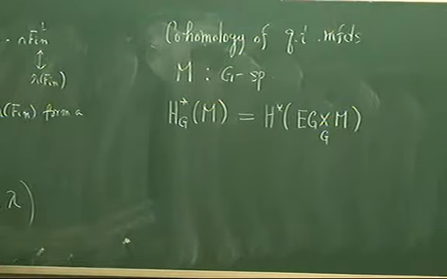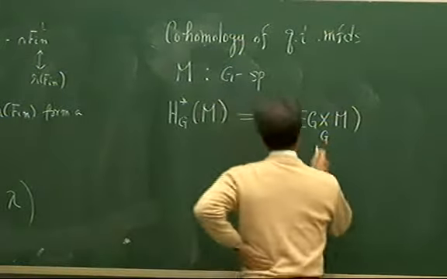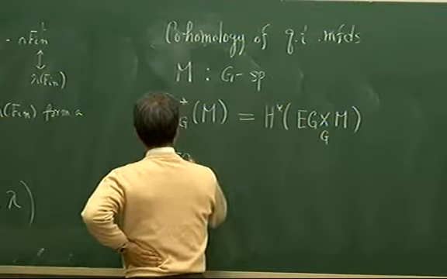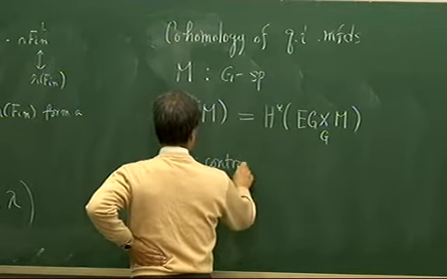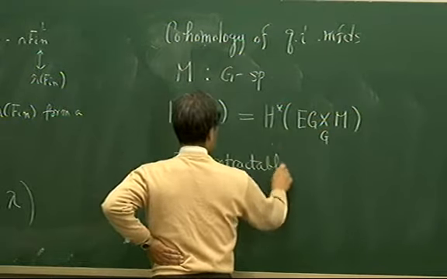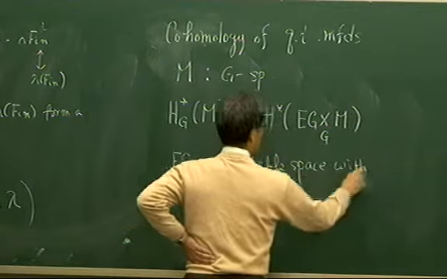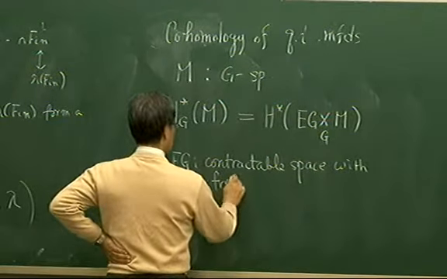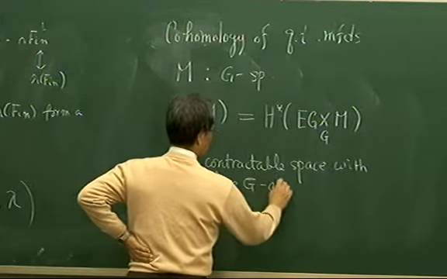What is EG? It is a contractible space with a free G action.